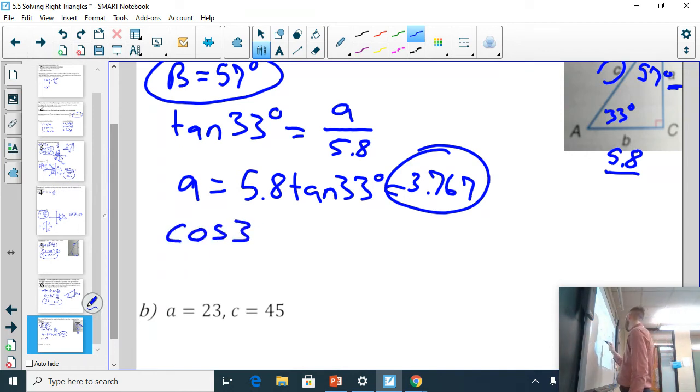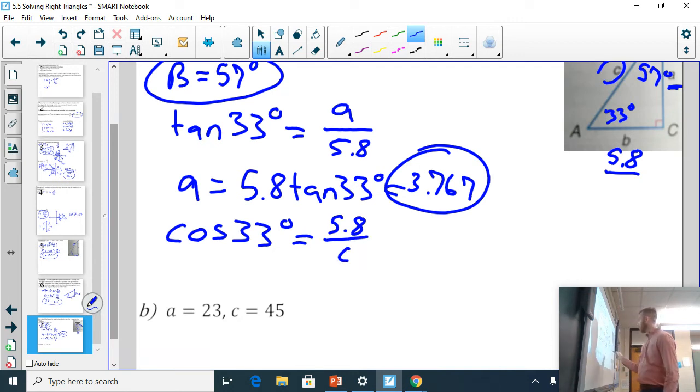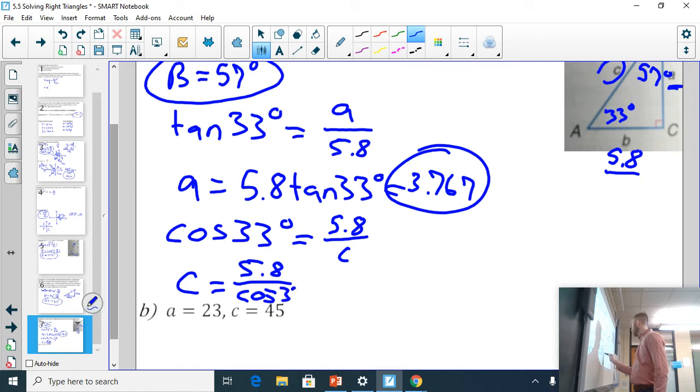So cosine of 33 degrees equals adjacent, which is 5.8, all over hypotenuse, which is C. And then we'd multiply the C over and divide by the cosine of 33 degrees. And when we do that, we get 6.916.